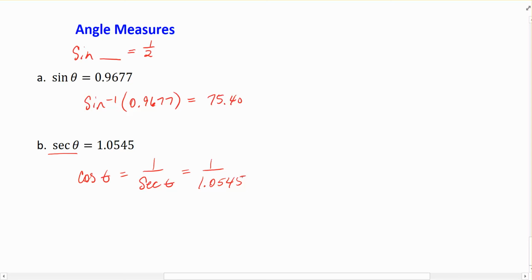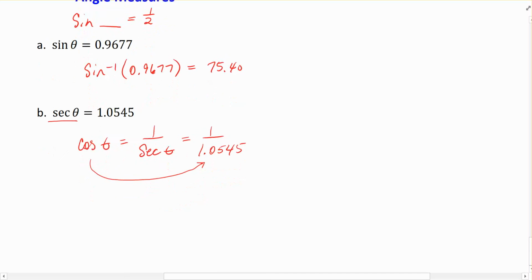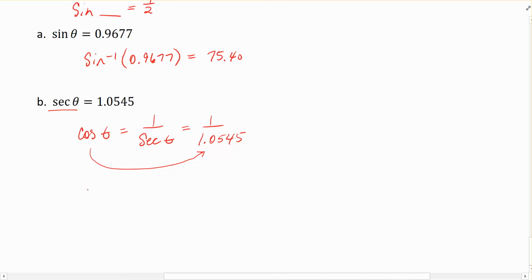In other words, the cosine of theta is equal to that fraction. To find the angle that gives me back that fraction, we would then say the inverse cosine of 1 over 1.0545 is going to return the angle that I'm interested in.